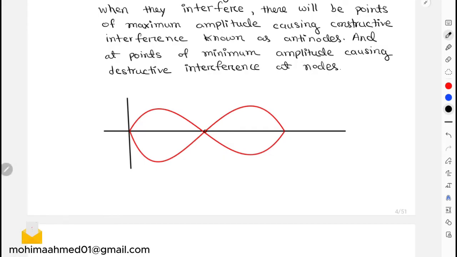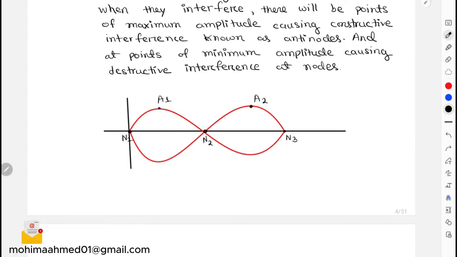Now these are your nodes: node 2, node 1, and node 3, and these are your antinodes, antinode 2 and antinode 1. Now it was already stated that antinode 1 is at the maximum amplitude, and a node is always on your equilibrium position, or always at the minimum amplitude.